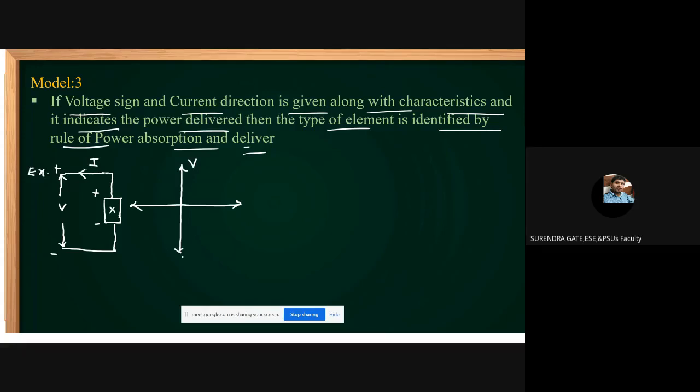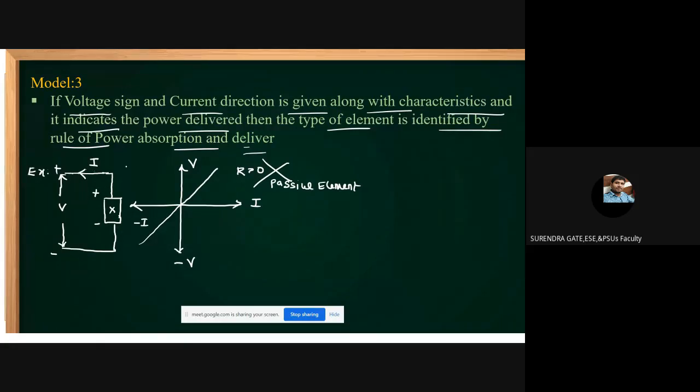This is V, this is minus V, this is plus I, and this is minus I. Identify the type of element. Here R is greater than 0. If you write passive element, this is wrong. This analysis is wrong.